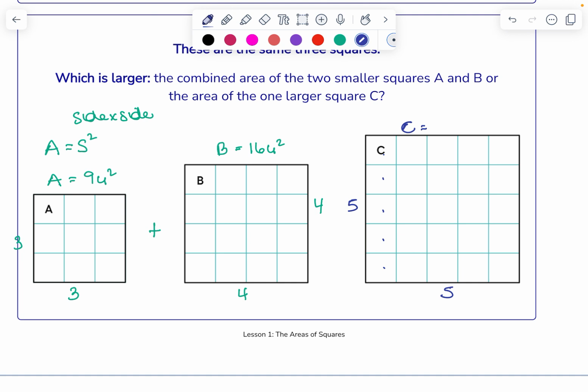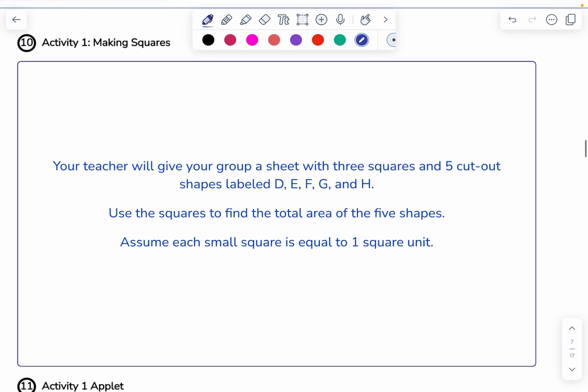And so C has 25 units squared. 9 units squared plus 16 units squared equals 25 units squared. So A plus B is the same as C on its own.